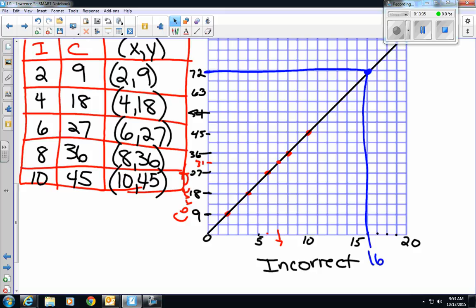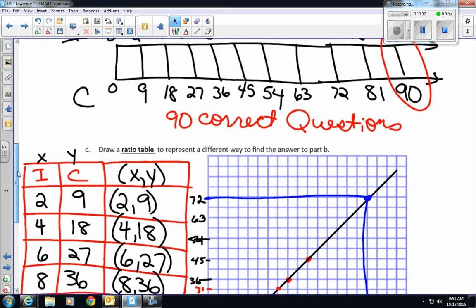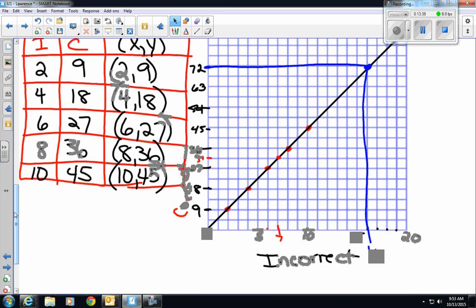Okay? The reason we added the graph to our repertoire is partly that, because you can predict forever. You can pick pretty much any number and find the corresponding value, not just the ratios in the chart. So again, that graph has its purpose also.